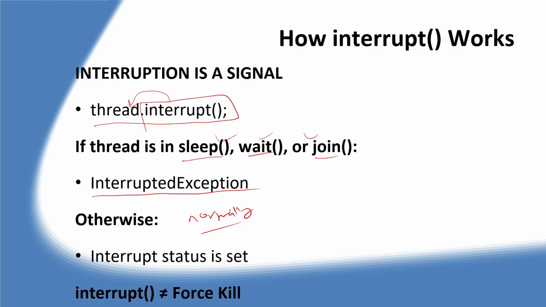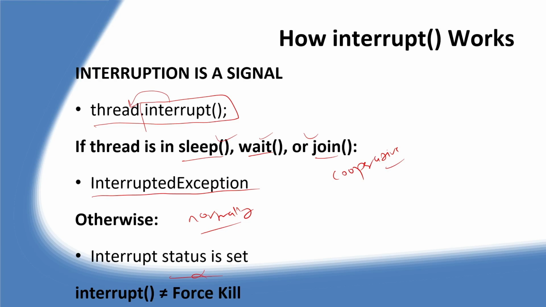That's why we say interruption is cooperative. The thread needs to handle the interruption appropriately. That is why interrupt should not be understood as a force kill button. We should not understand it as being used for killing forcefully.